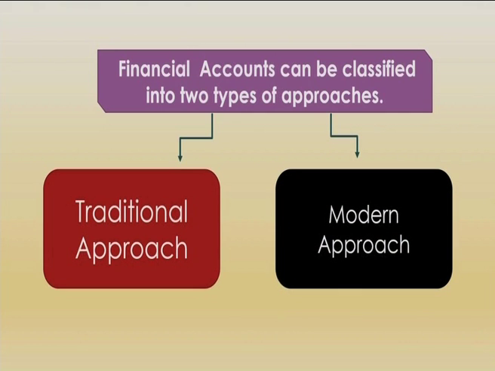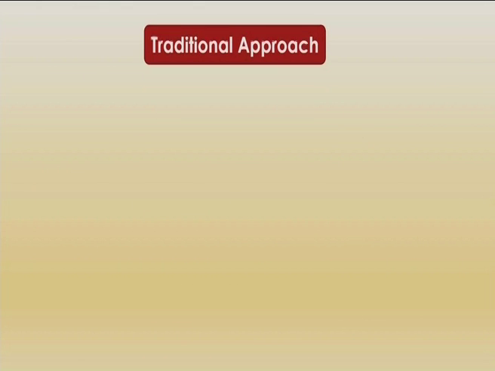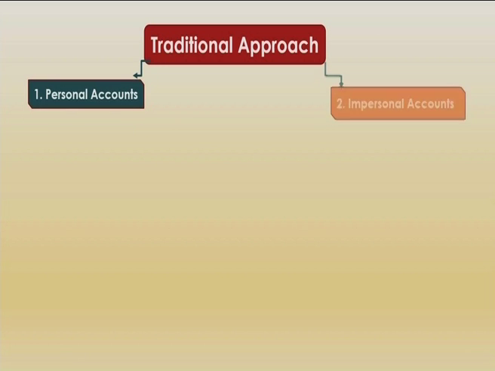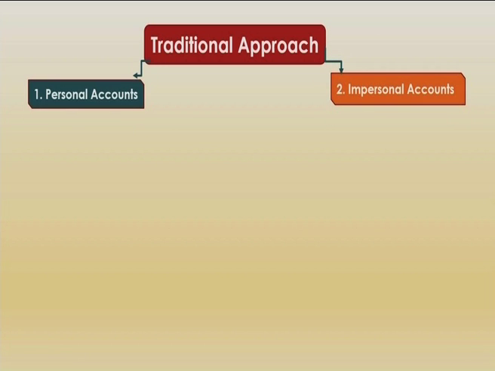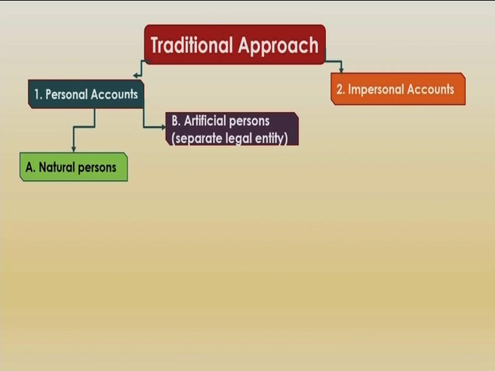Now, let us study the traditional approach in detail first. In the traditional approach, the accounts are classified into 2 broad categories: one as personal account, two as impersonal account. Personal accounts are further classified as natural person and artificial person accounts.